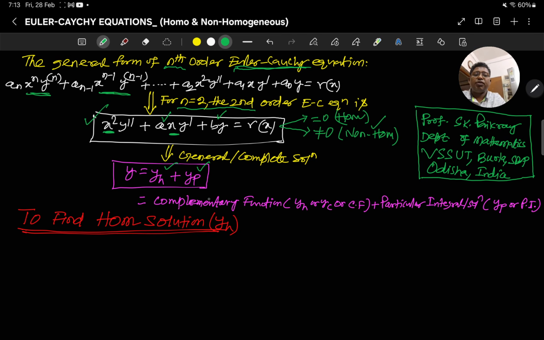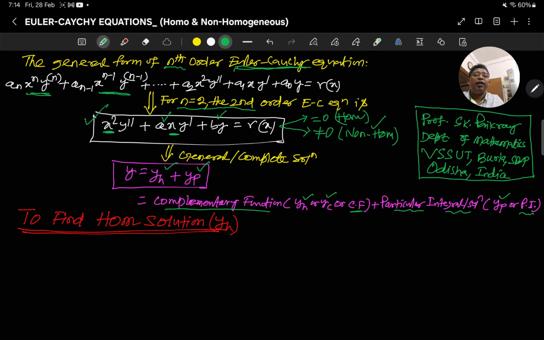Your y homogeneous, yh, is called the complementary function, denoted by yh or yc or CF, and yp is your particular solution, or we call it the particular integral, denoted by yp or PI.